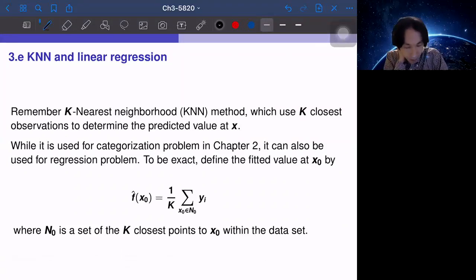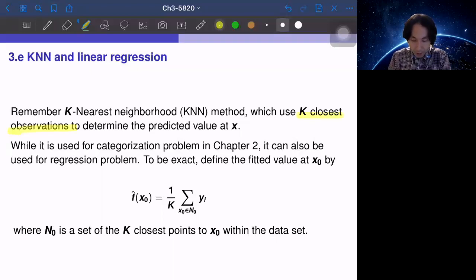Okay, so now the k-nearest neighbors. In chapter 2 we introduced the nearest neighbor method for the classification problem. But for regression, we can also use k-nearest neighbors. The k closest observations, in terms of x value, can determine the predicted value at that specific x.